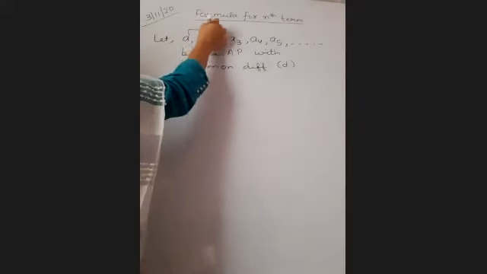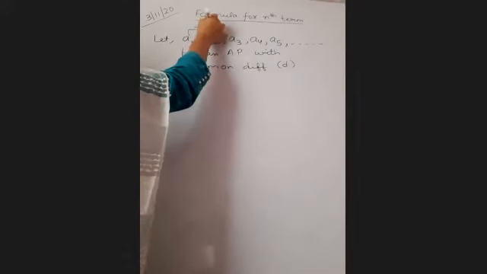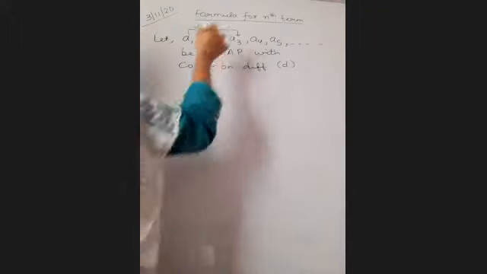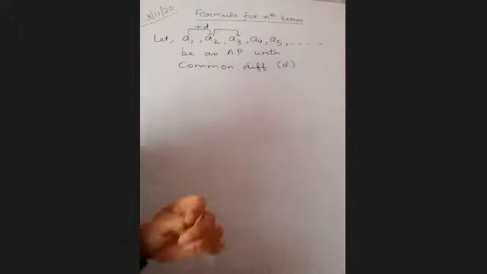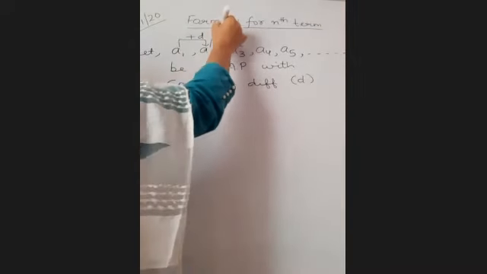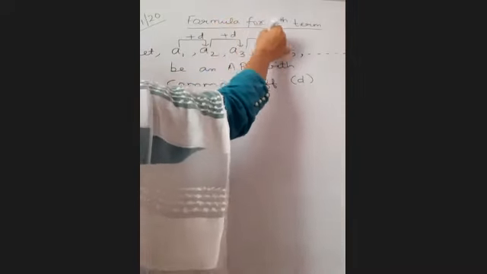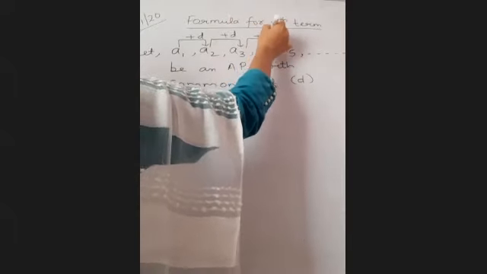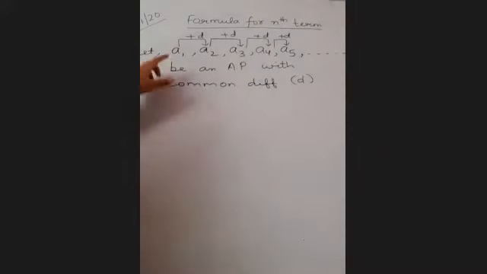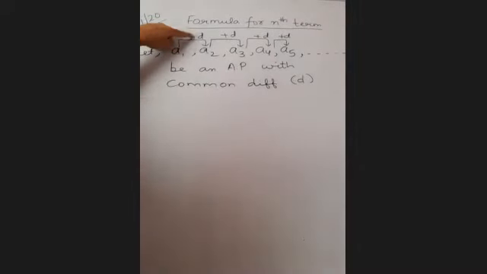So to reach from A1 to A2, we have to add D. From A2 to A3, again what we need to add? Common D again. A3 to A4 again D. A4 to A5 D.